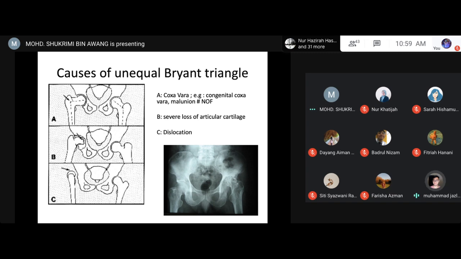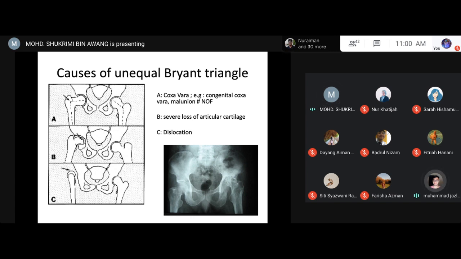Okay, this is the X-ray of the pelvis and hip joint. What are the findings?